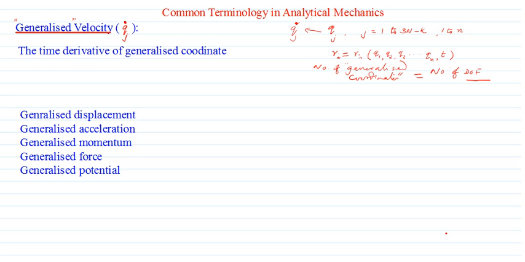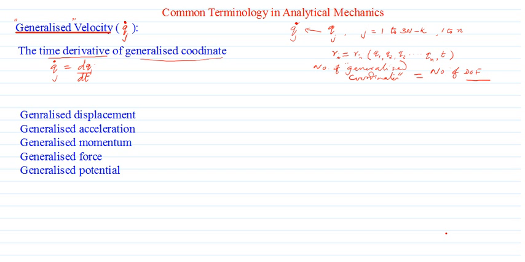It is simply defined as the time derivative of the generalized coordinate of a system, and that is why it is qj dot. So qj dot in analytical mechanics means d by dt of qj, or dqj by dt, where qj is the generalized coordinate. That is the definition of generalized velocity.